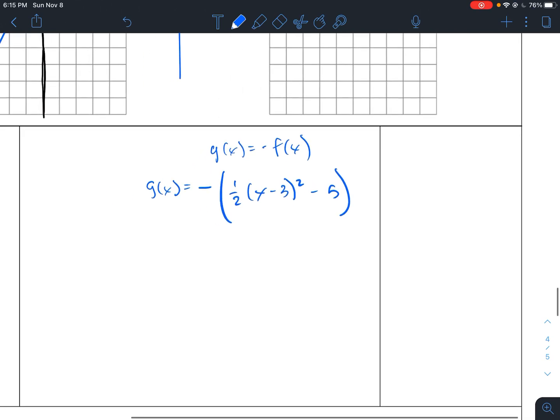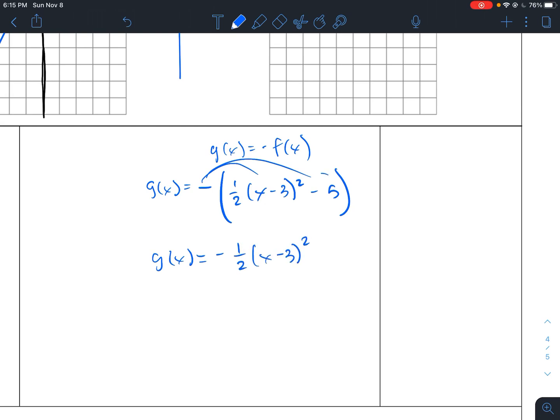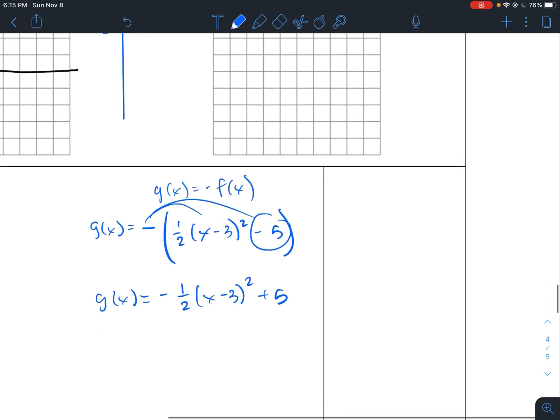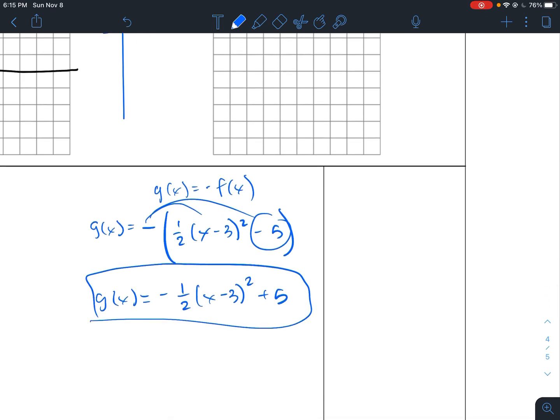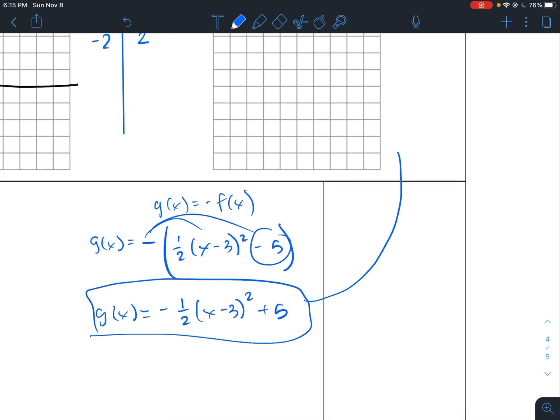And then that means you have to distribute the negative inside. So g of x is equal to negative 1 over 2 times (x minus 3) squared. And then when you multiply it right here, it's going to be plus 5. Okay, so this is what g of x will look like. Now all you have to do is graph that up here.